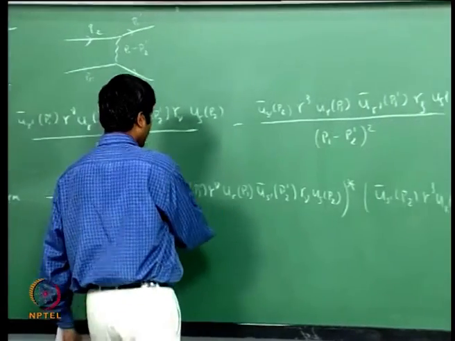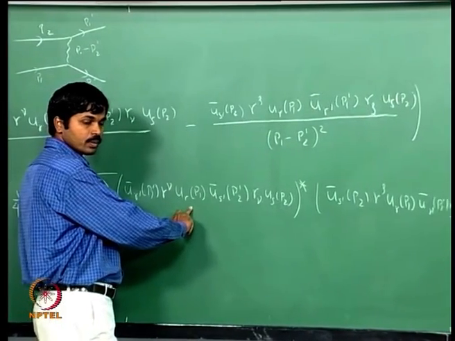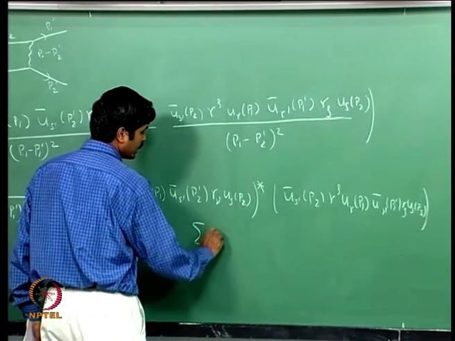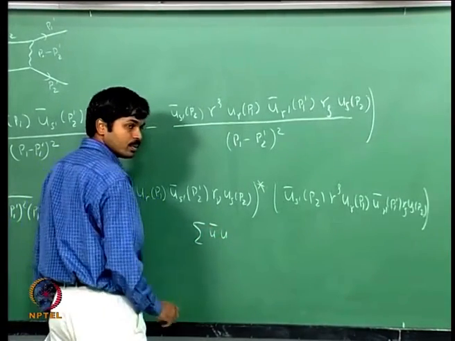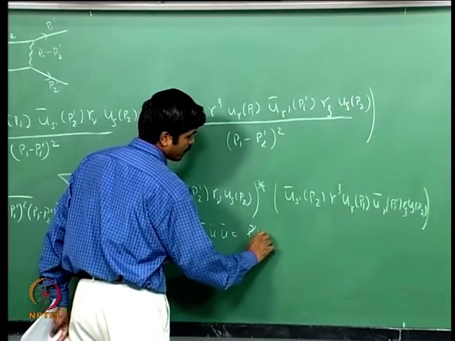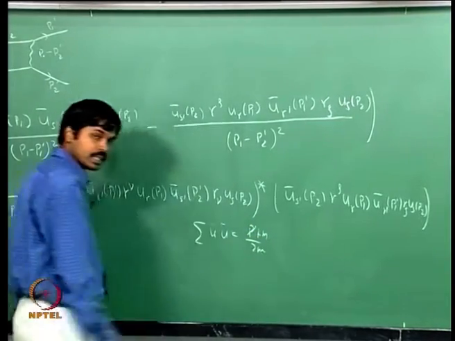So again you can write these quantities in terms of the components, and then you use the identity u u bar is (p slash plus m) over 2m repeatedly.